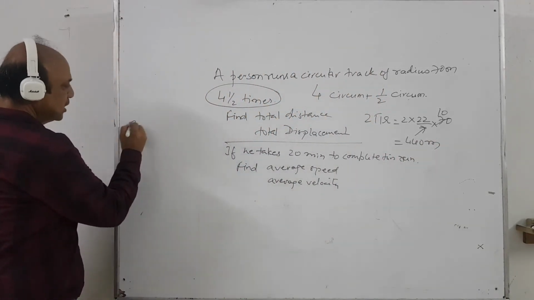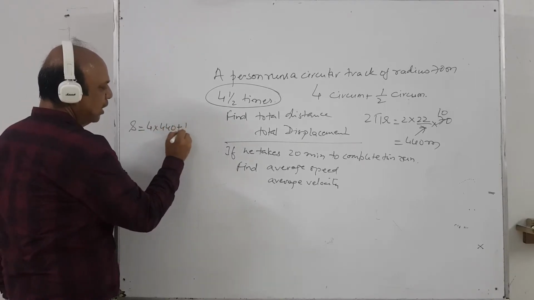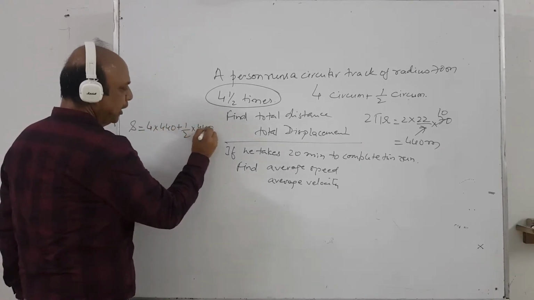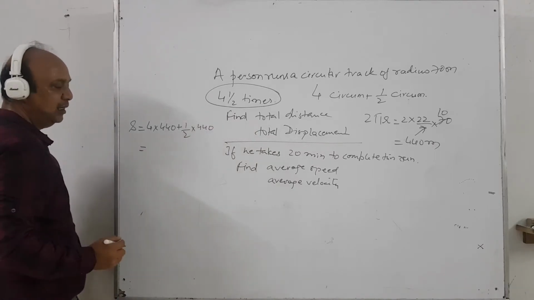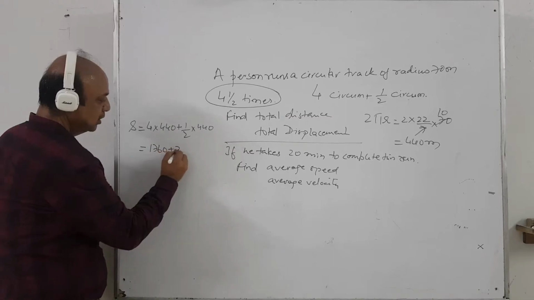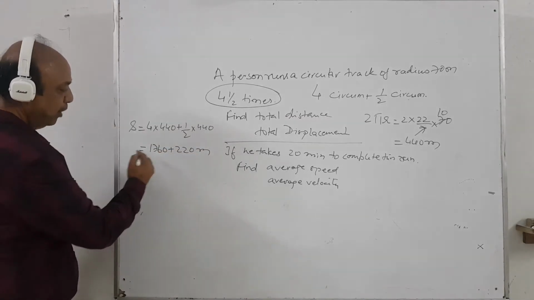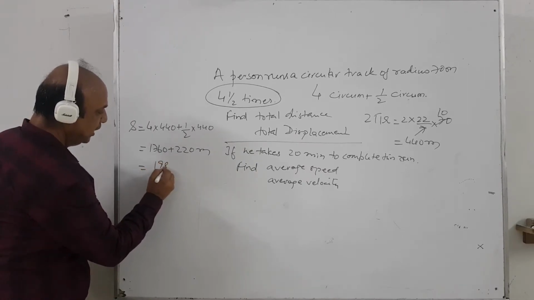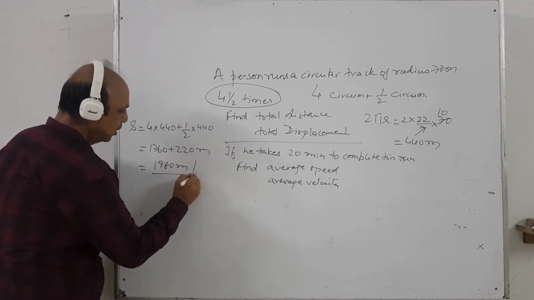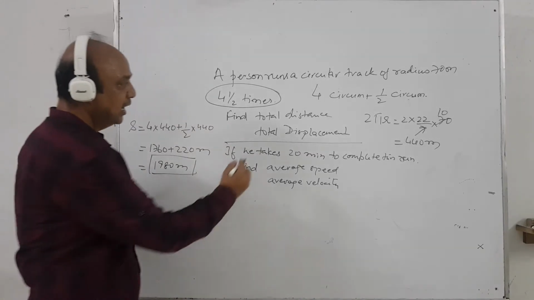So total distance is 4 into 440 plus half into 440. That makes it 1760 plus 220 meters. When we add them together, we get 1980 meters. Total distance he has traveled is 1980 meters.